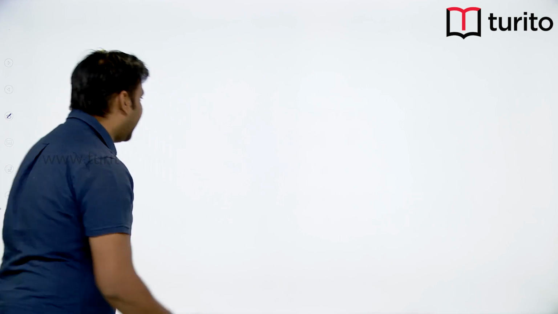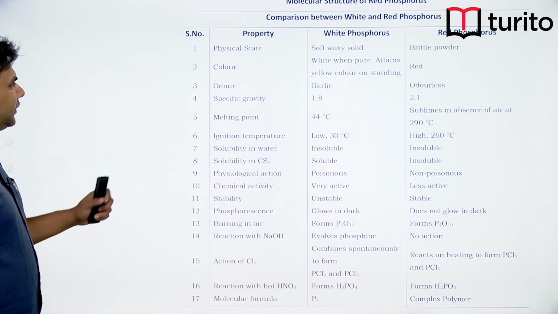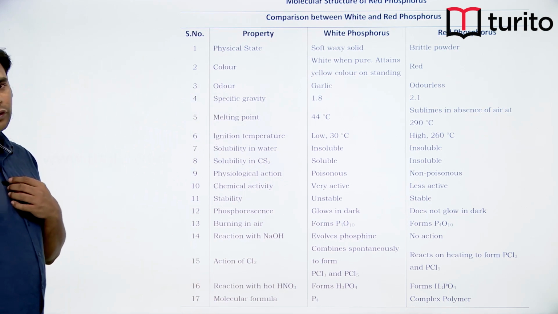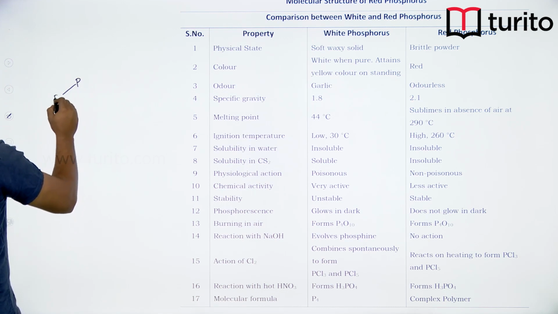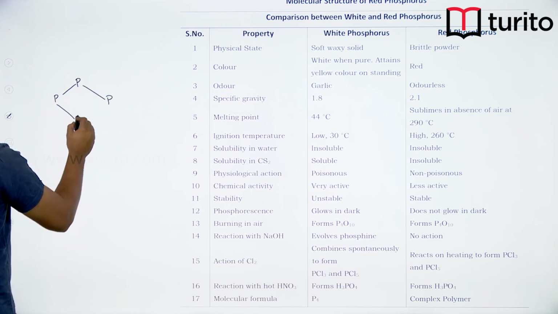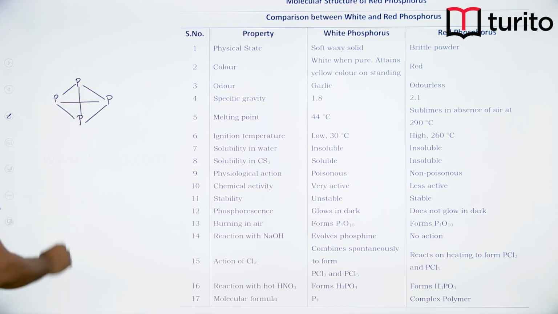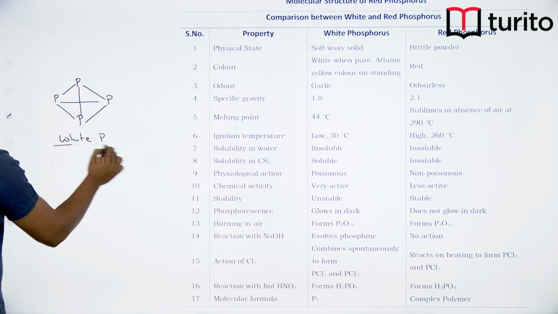So next comes the hydrolysis. Before going into the hydrolysis, let us just study the properties of the various allotropes of phosphorus. Basically we have three kinds of allotrope. It has more allotropes, but we are studying only three. The first one is the white allotrope, also known as yellow phosphorus.